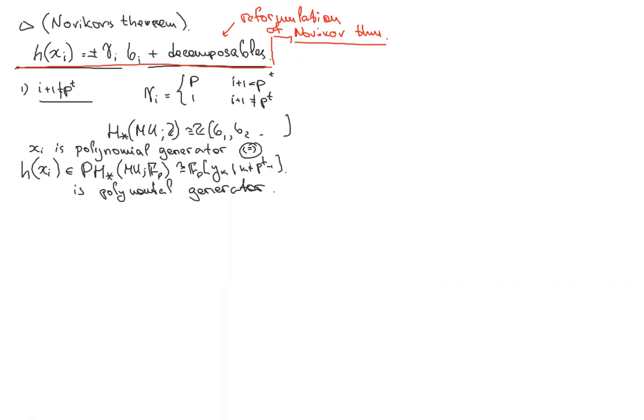So if you consider just the mod p Adams spectral sequence, then you will see that this guy is a polynomial generator in the complex cobordism ring if and only if it is a polynomial generator in the mod p Adams spectral sequence, and from this it follows that its Hurewicz image is a polynomial generator in the primitive subalgebra.